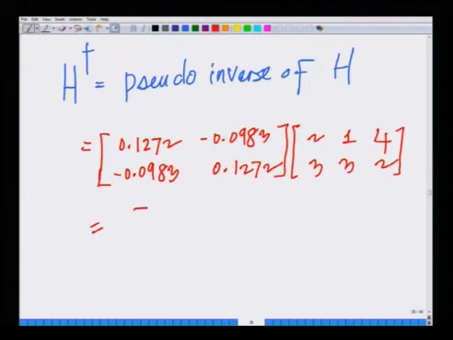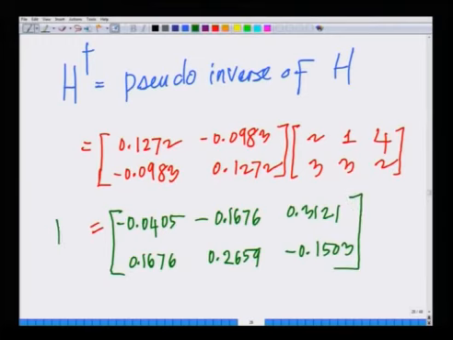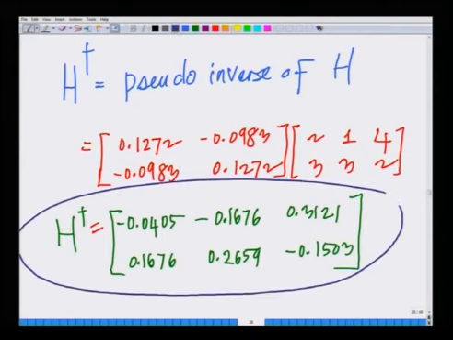I will write down the final solution over here: [minus 0.0405 0.1676 minus 0.1676; 0.2659 0.3121 minus 0.1503], and this is the matrix H pseudo inverse.